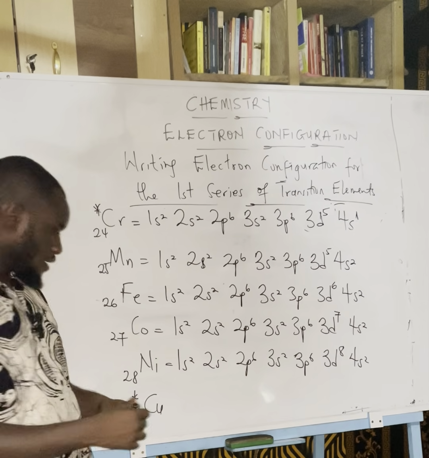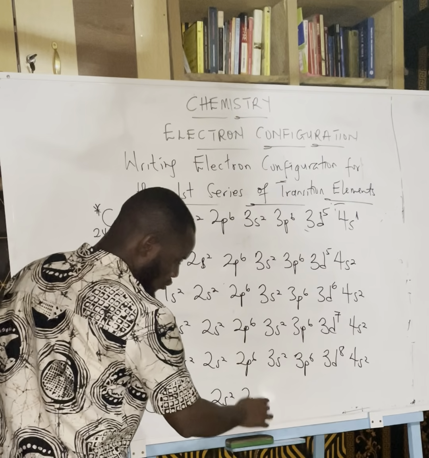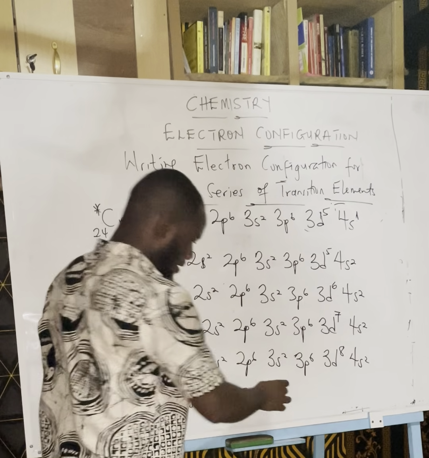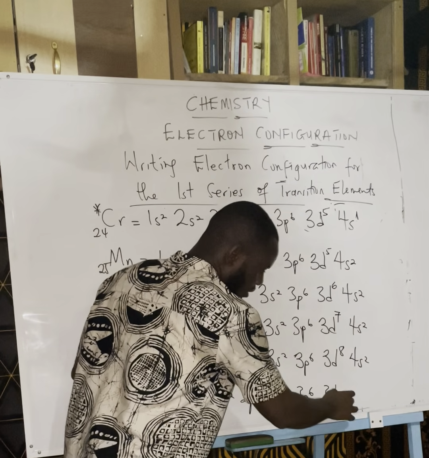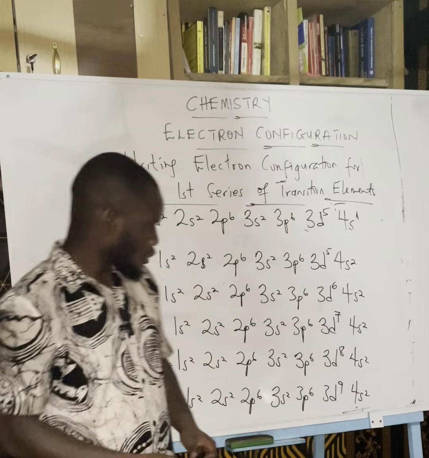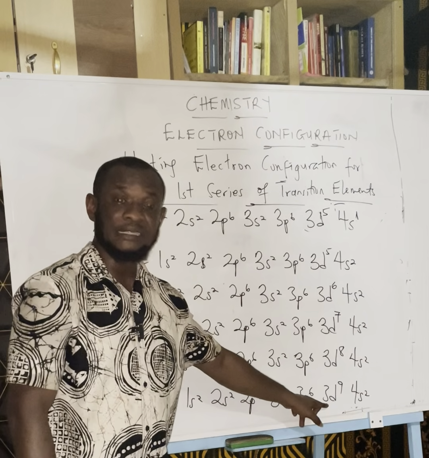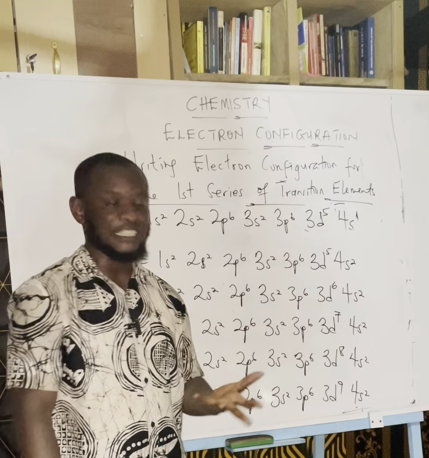Why? Now let's go here. This 1s2, 2s2, 2p6. And this 3s2, 3p6, 3d don't fill, 4s2, 3d9. So when it comes to copper, you can see that the 3d orbital of copper is 9.